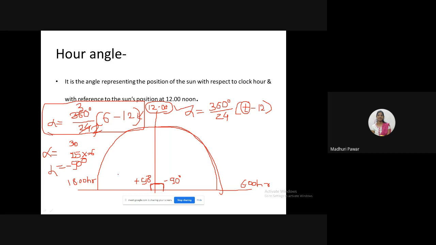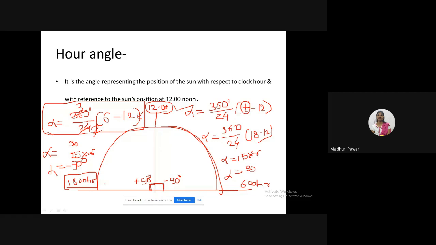Now we will check for 18 hours. Plus 90 degrees is the angle that is created here.